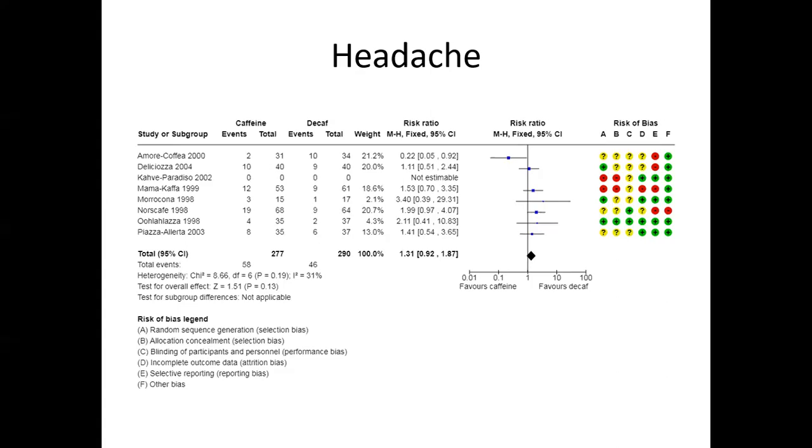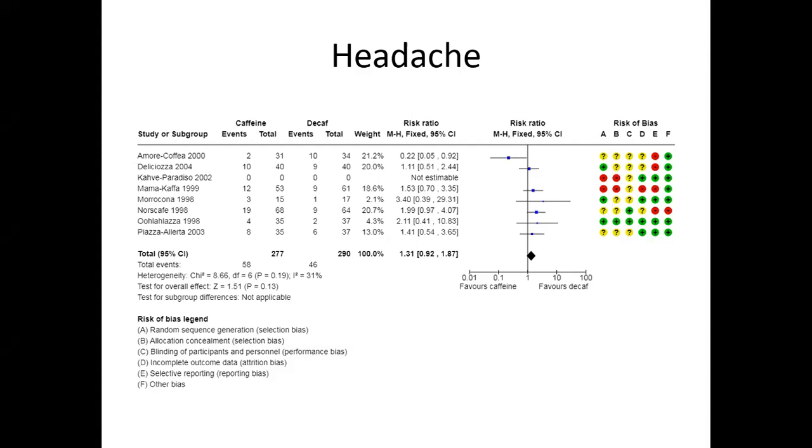So any horizontal line, any confidence interval that touches the line of no effect, when it comes to making a conclusion, we can just say this study does not prove whether caffeinated or decaffeinated can give headache.